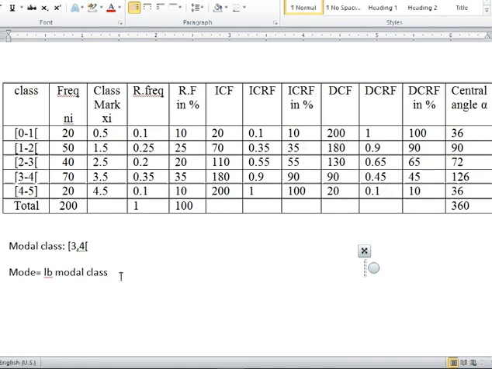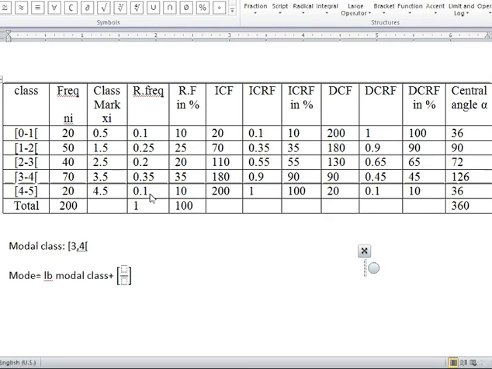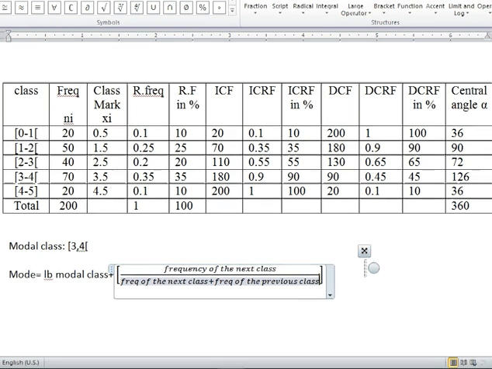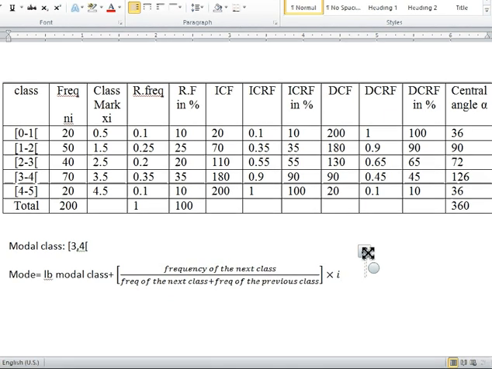Plus the frequency of the next class, next to the modal class, over the frequency of the next class plus the frequency of the previous class to the modal class, times i, which means the amplitude of the class.